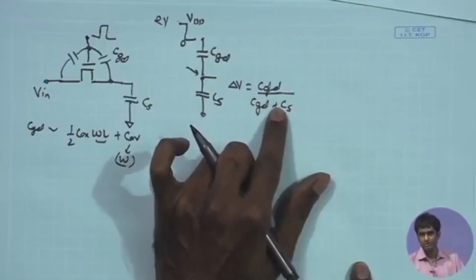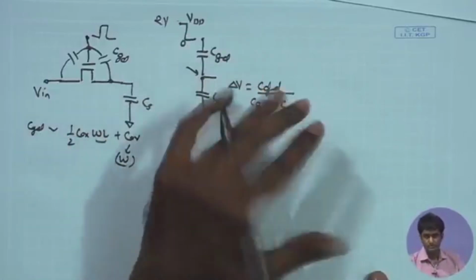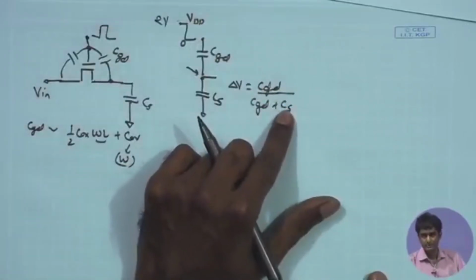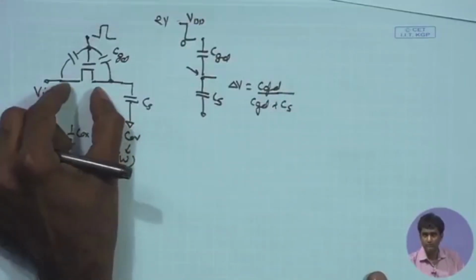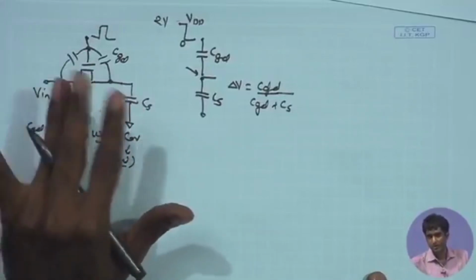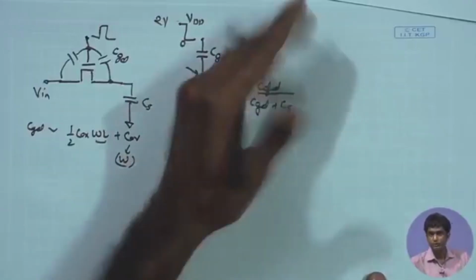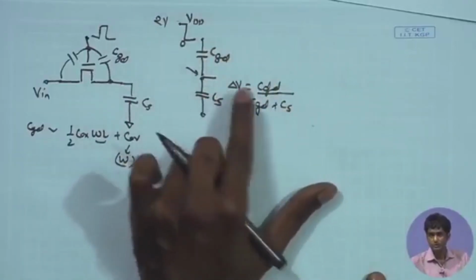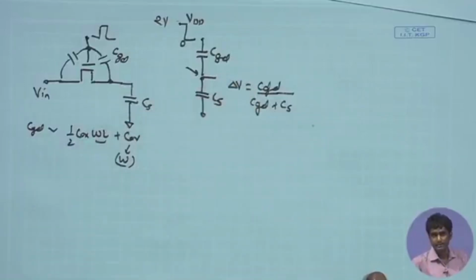If you want to have sufficient accuracy for the data sampling, I would like the CGD to be orders of magnitude, 1000 times smaller than CS, and that would imply that even if I am using minimum size transistor with WL minimum, having few femtofarads of parasitic capacitances, the CS must be at least few picofarad to ensure that the signal is not significantly corrupted because of this delta V coming in.